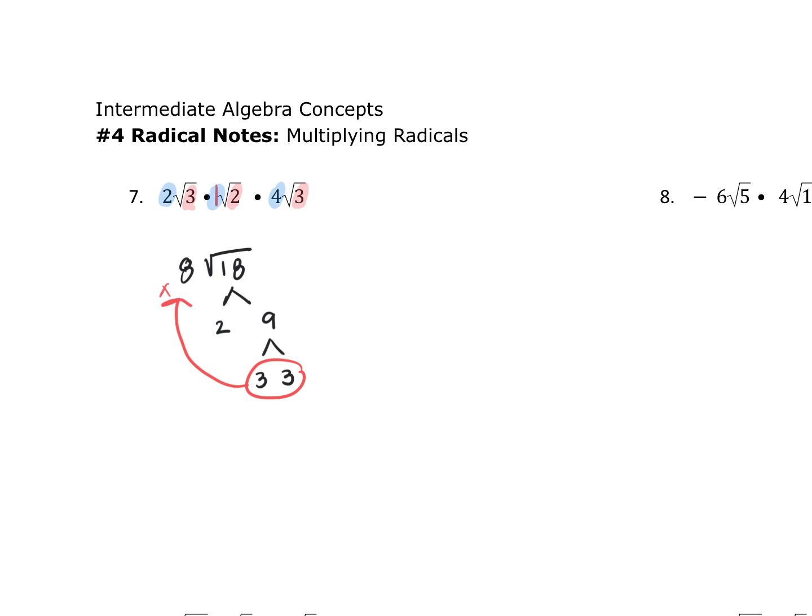So 3 times 8 is going to give me a 24. And then I still have this left over 2, so it's going to be the square root of 2. And 2 you obviously can't break down anymore because you already broke all those down and found that to be a prime number. So 24 square root 2 would be our final answer.